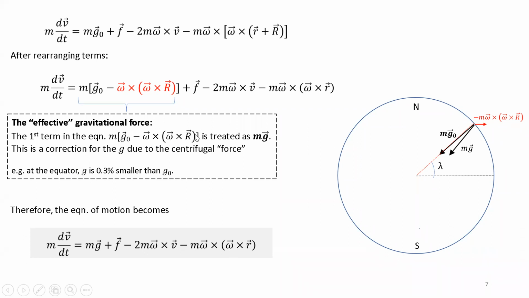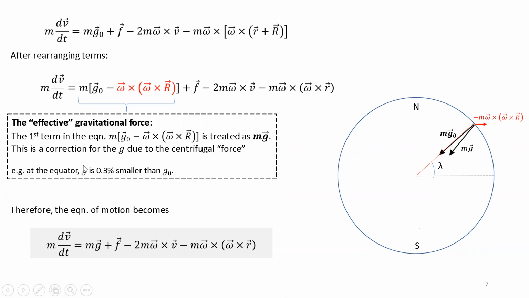If you're at the equator, the effect is most significant, because at the equator the value of omega cross R is the greatest.